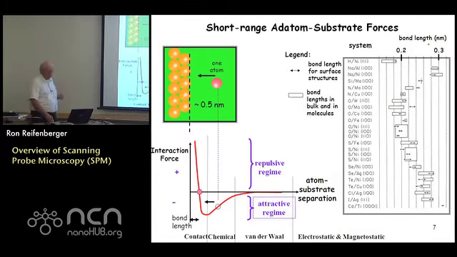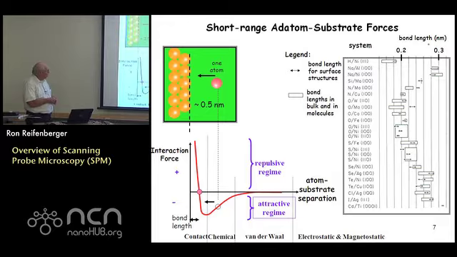And I like to illustrate the discussion by just asking you to consider one atom that's made to approach a substrate in a very, very systematic way, right? So you just imagine this one atom being slowly pushed up to the substrate. And I want you to think about the forces that atom's going to feel, okay? Well, the interaction force is a function of the atom-substrate separation I've plotted down here, right?